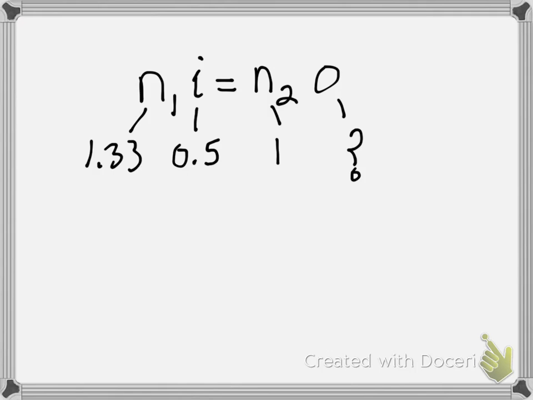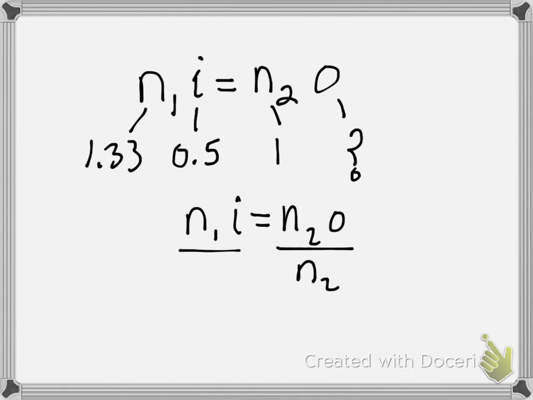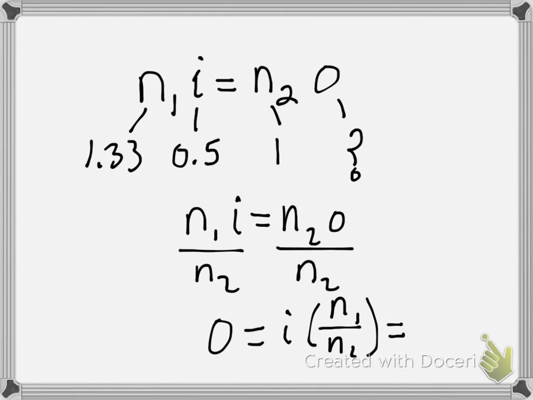So if I solve this equation algebraically first, divide both sides by n2, then I get o, not theta, but o is going to be equal to my image times n1 divided by n2, which in this case is going to be 0.5 times 1.33, because 1.33 divided by 1 is 1.33.